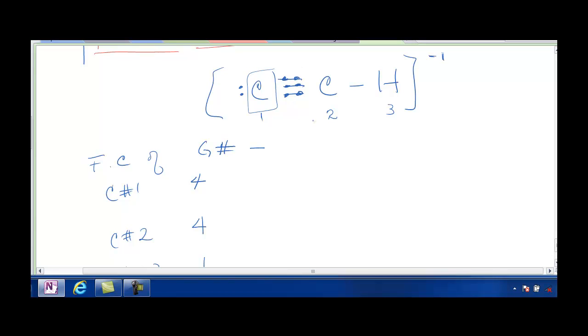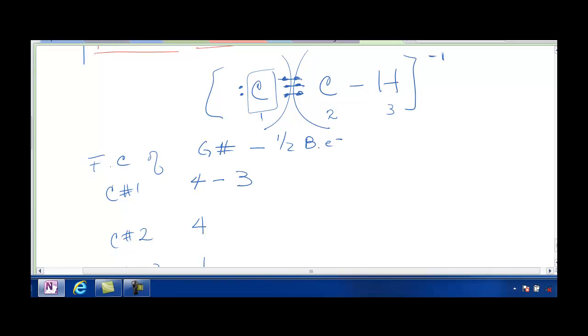I bonded 6 electrons. For those 6, 3 belong to him and 3 belong to him, right? So I'm going to take half of the bonding electrons. So instead of 6, I'm going to write 3.